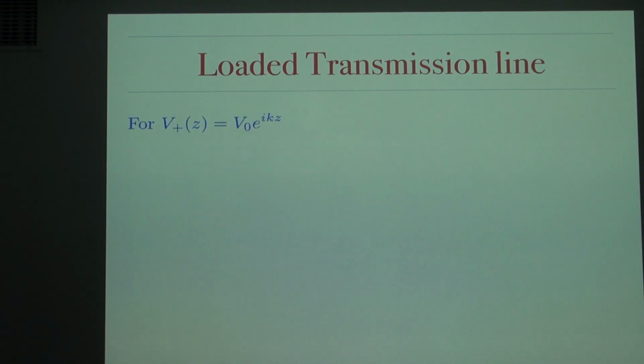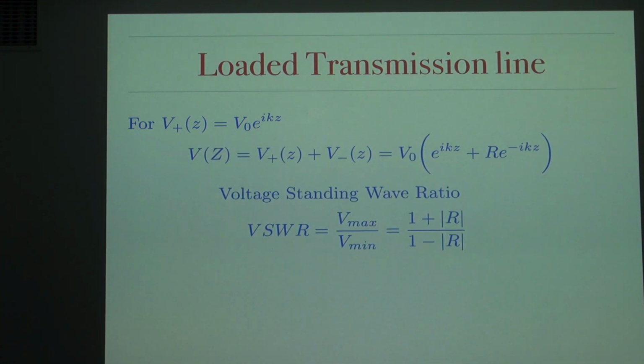Okay? So let's look at what happens when we apply a voltage which changes in space as a wave, with the wave vector k. Then I can calculate that the voltage at the point Z has a part which is just a plane wave, and a part which is proportional to the reflection, and which goes in the opposite direction.